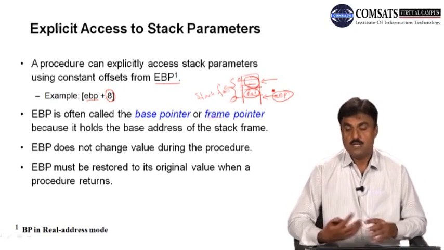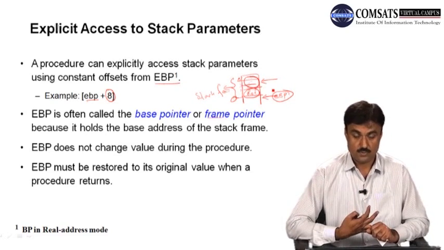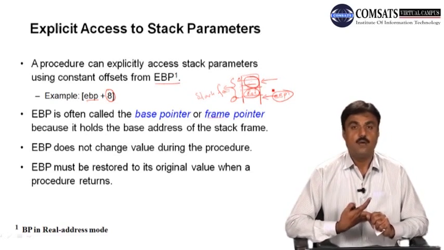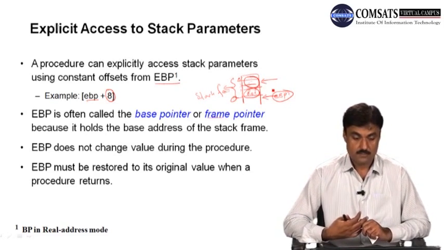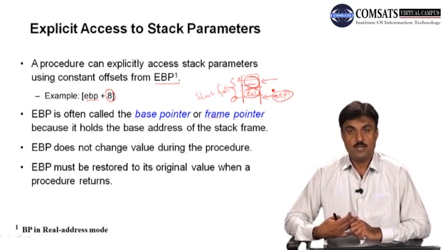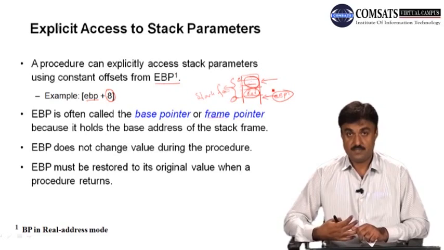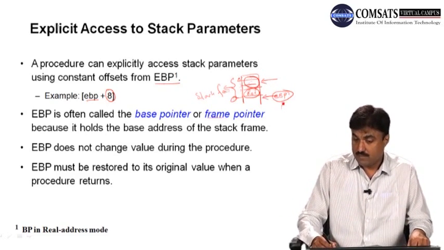The stack frame can hold all these parameters and all the registers that you push, and then we can access them by using the EBP, or base pointer register. EBP does not change value during the procedure, so you cannot change the value of EBP during the whole procedure. It will have a constant value, and that value is actually the old value of the stack pointer.